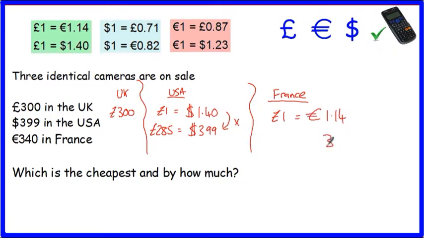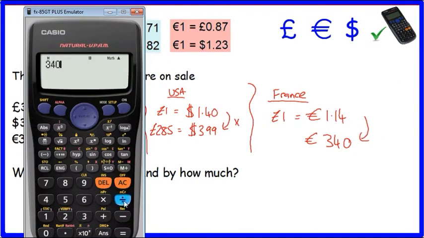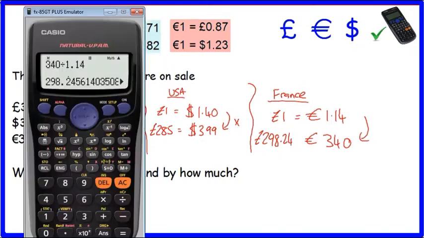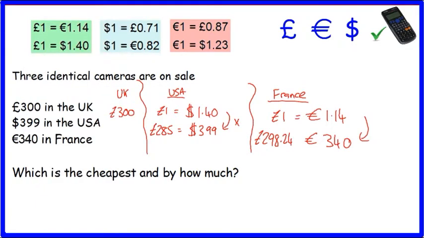I'm putting 340 here. €340 divided by 1.14 is £298.24. Just check that, 298.24. Okay, so now you've got everything in the same currency.